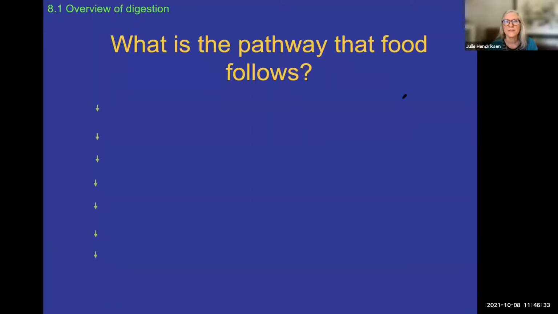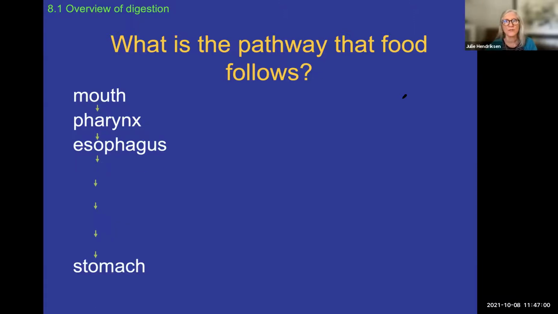What is helpful is that you can put these words in order. In fact, not even see the words, but be able to say, all right, food will what? Enter the mouth first. Where does the mouth then push the food? When we initiate swallowing, it goes to the back of the mouth and then downward. We're going to call that area the pharynx, which then goes to the esophagus, a muscular tube, pushing the food to the stomach.